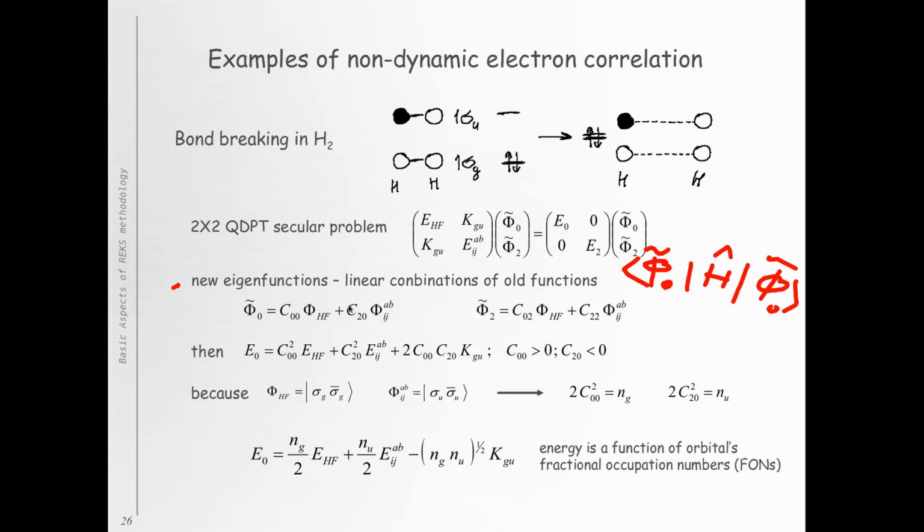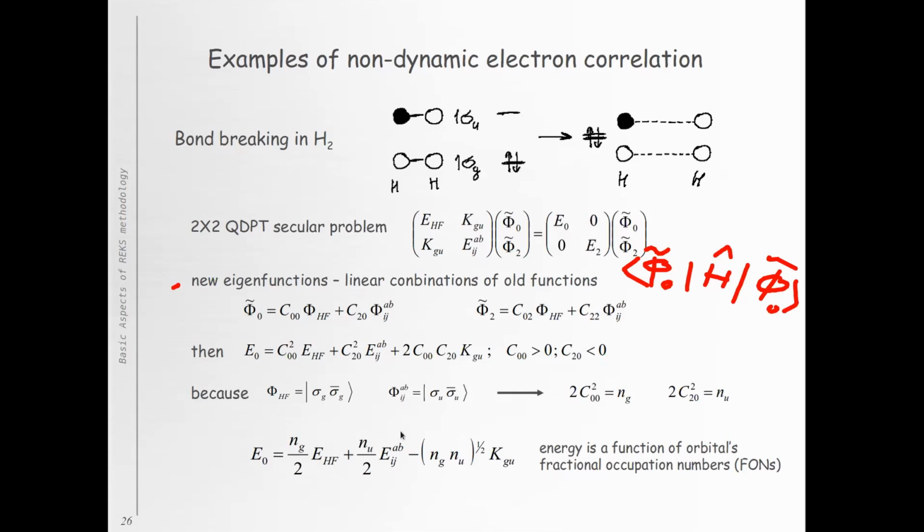Or in other words, the energy of the ground state, lowest state, which corresponds to this wave function, will be given by this expression, where I will have a kind of weighted sum of the energies of two configurations, with sigma g orbital doubly occupied, this one, and with sigma u orbital doubly occupied.